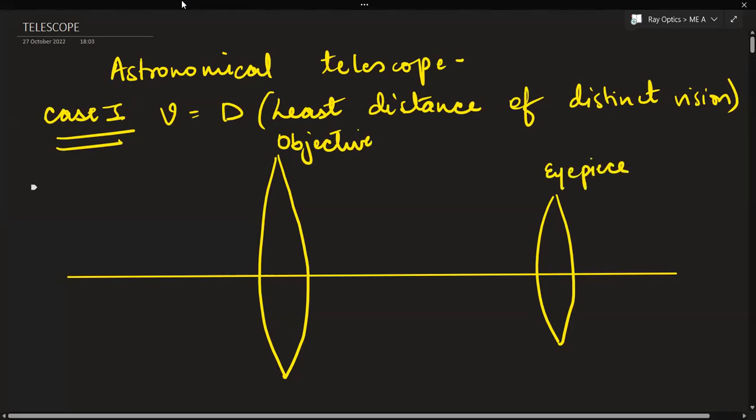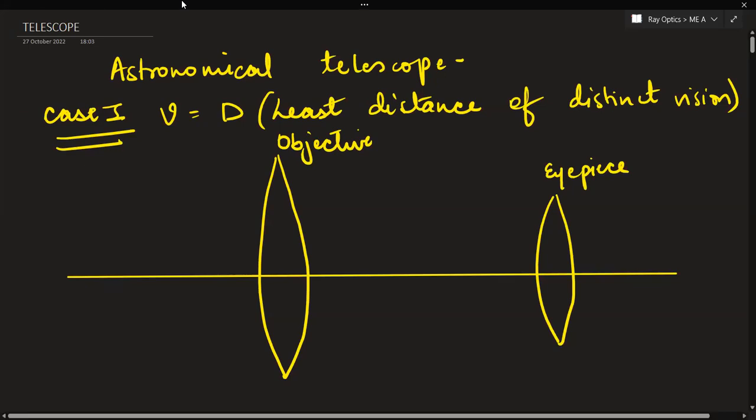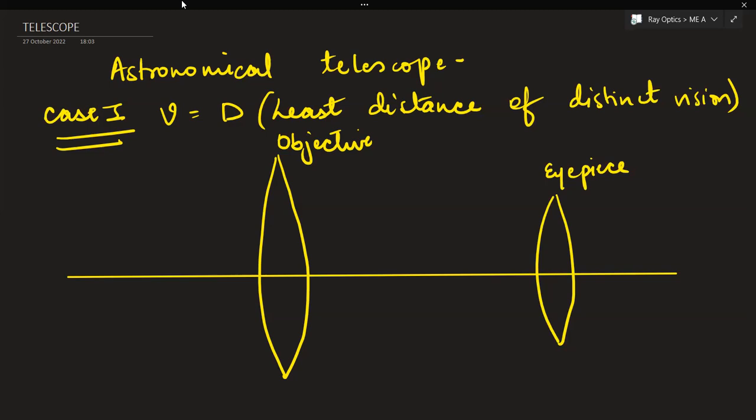Fine, class. Now see, keep an object. For an astronomical telescope, we cannot keep an object very near to the lens, because the astronomical telescope is used to see objects that are already at infinity, like planets. Using a telescope, we see planets.